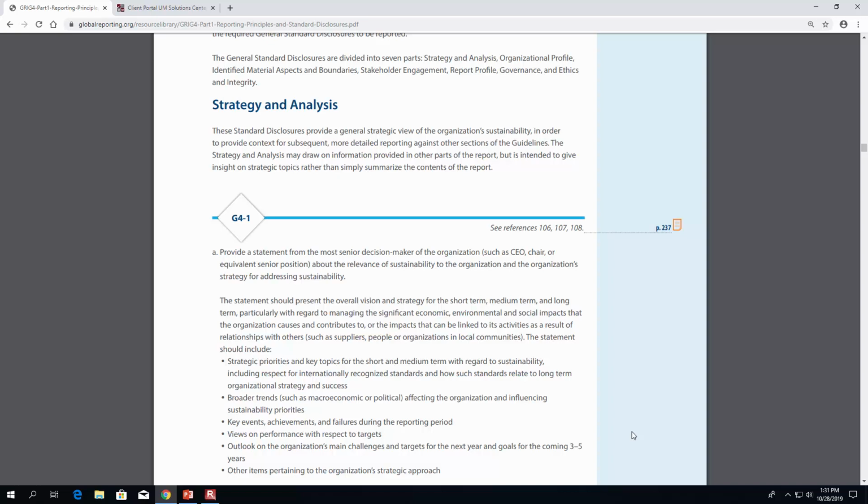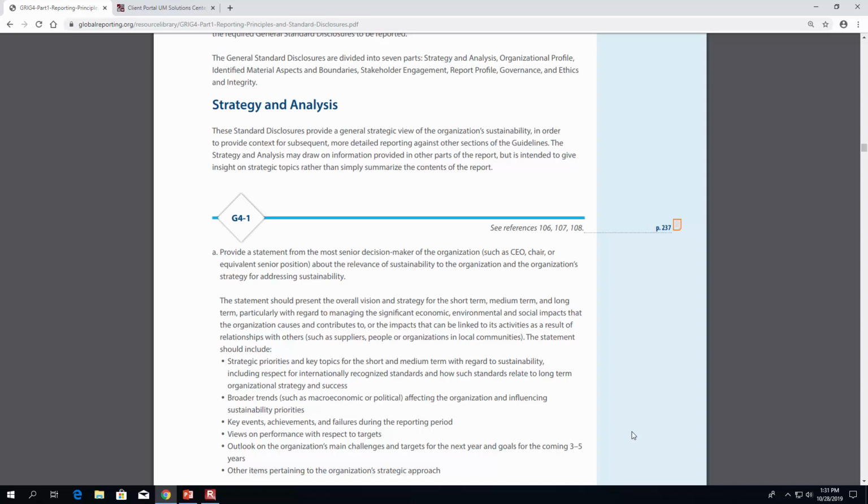You need to provide a statement from the most senior decision maker of the organization, such as the CEO, about the relevance of sustainability to the organization and the organization's strategy for achieving sustainability. So what that says is this is a required part of the general standard disclosures if you're doing core, because we looked at that matrix, right? It said everybody has to do G4-1.